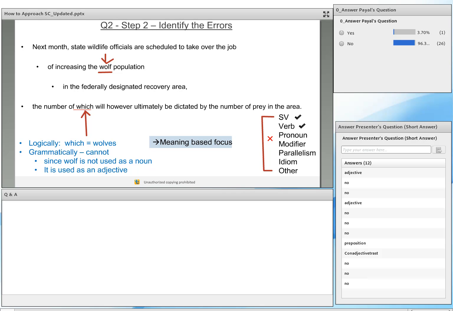If when you are reading the sentence, let's say if I was reading the sentence and at a high level I understood there is a contrast here, there is some job assignment, but I didn't probe into what does which refer to. If right away I thought that which is not written correctly without having a solid understanding of what it is that which needed to refer to, then when I get to the answer choices, if the question is difficult, I will get confused.